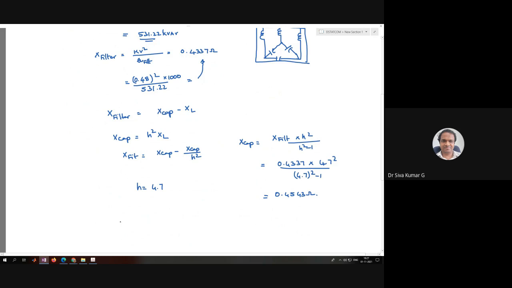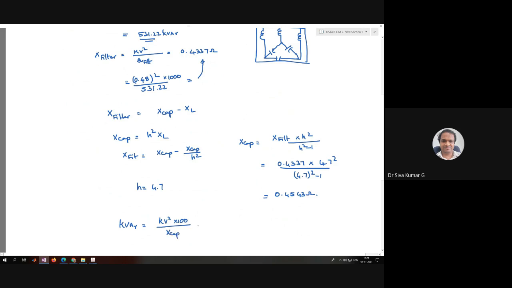You can find out the kVAR, kilovolt ampere reactive, that we require. It is equal to the kV square, the kilovoltage square, into 1000 by the X capacitive.